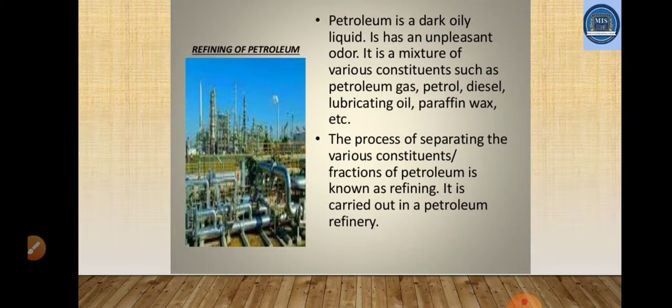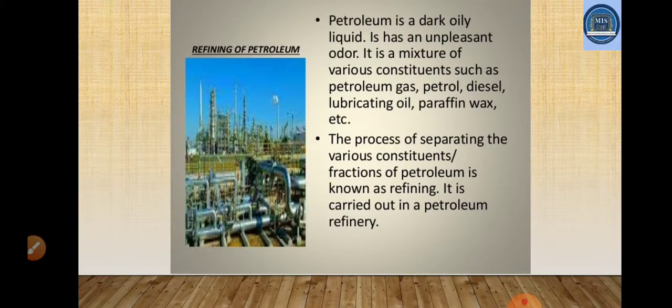Now, what are those constituents? Like petroleum gas, petrol, diesel, lubricating oil, paraffin wax, a number of constituents are there in petroleum. All these constituents are separated from the petroleum by the process of refining, which is done in petroleum refineries, which I have shown you in the picture.